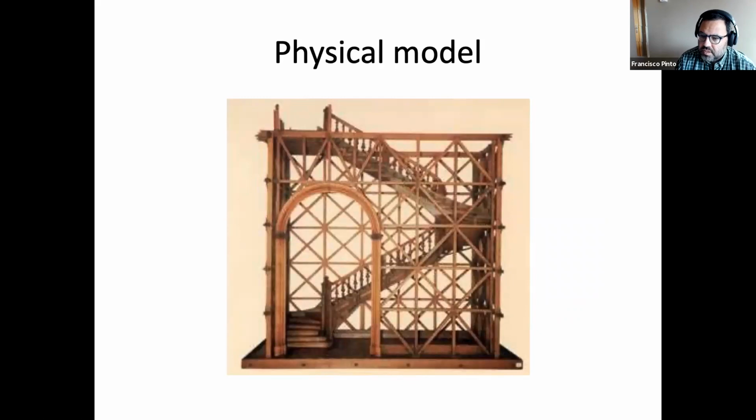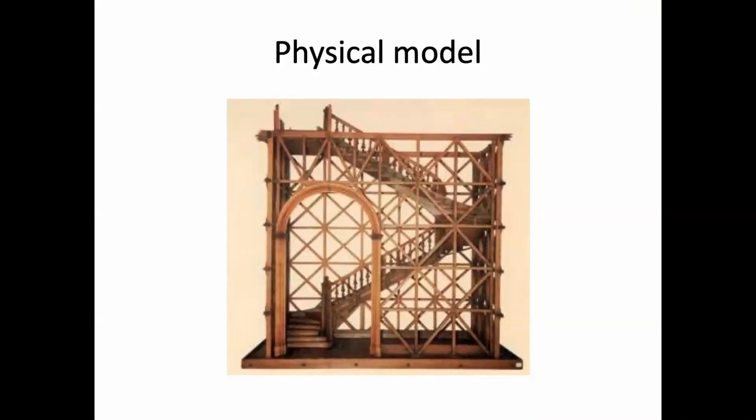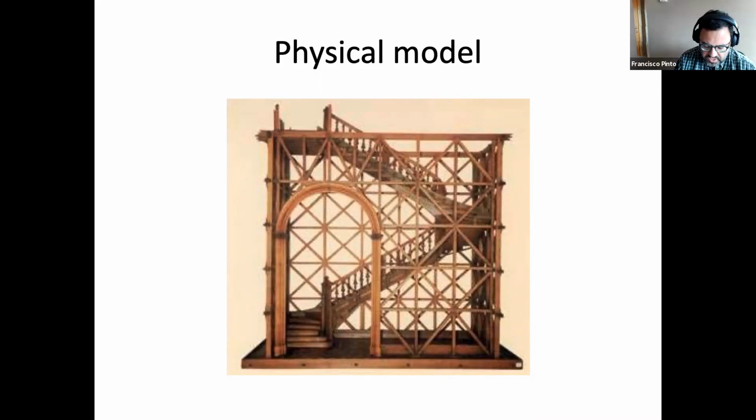Here is an example that I find a very nice example. This is a physical model of the construction of houses in Lisbon after the earthquake in 1755. Actually, from what I read somewhere, it was a big earthquake, and we got help from people from abroad.